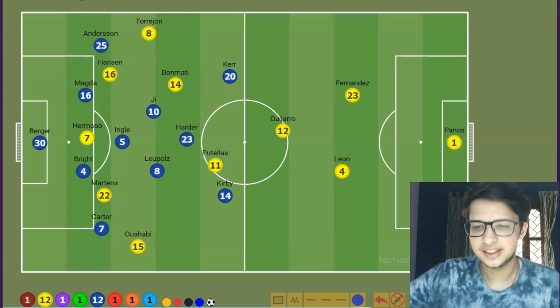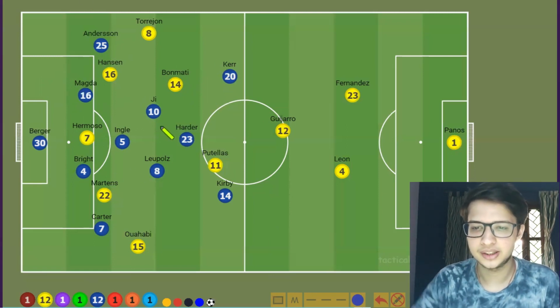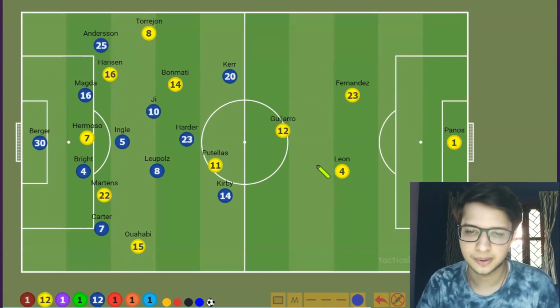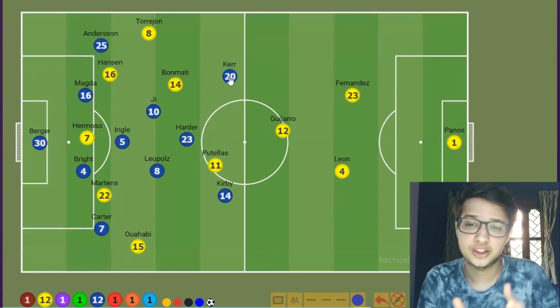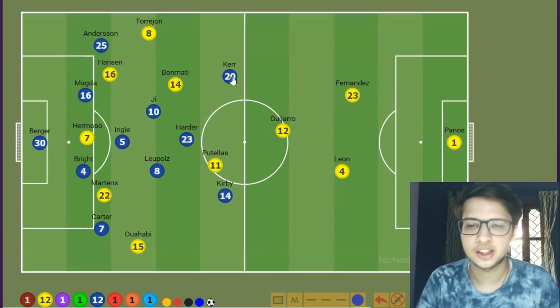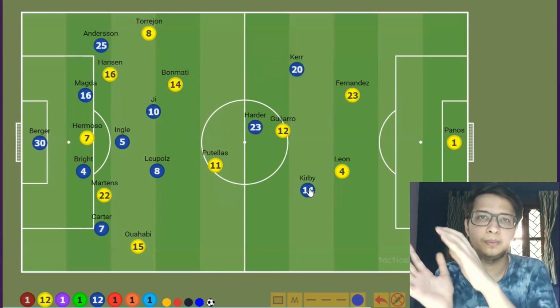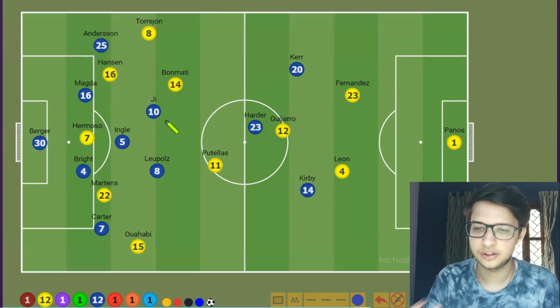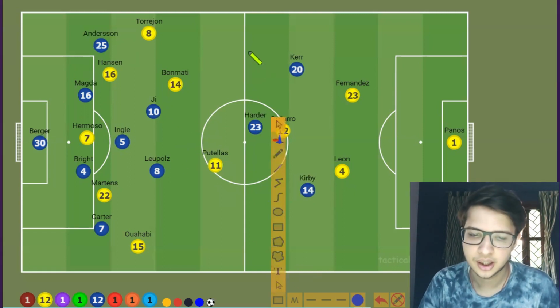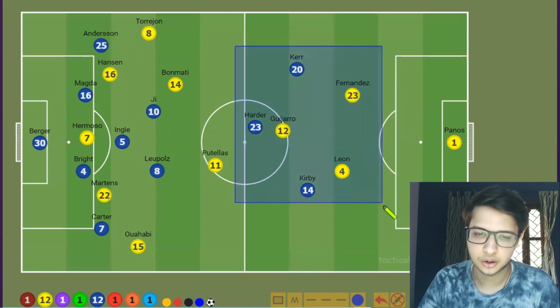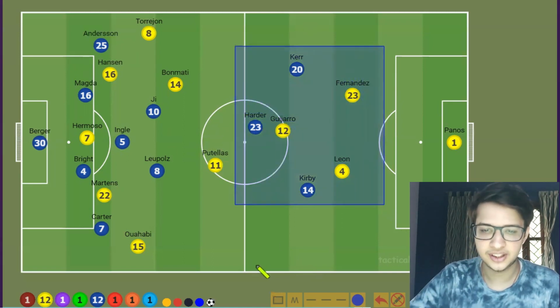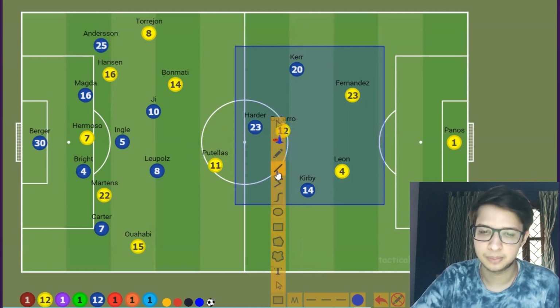But what this does is, now you can see there's a lot of Barcelona players ahead, right? Very few players back. So if Chelsea are able to deal with the Barcelona pressure, you have the likes of Kerr, Kirby, Harder, all of them rushing forward, and one of Guro or Lopez playing a long pass, right? You can see that this now causes a 3v3 situation that Chelsea might be able to exploit.